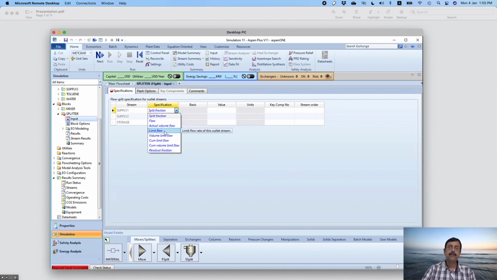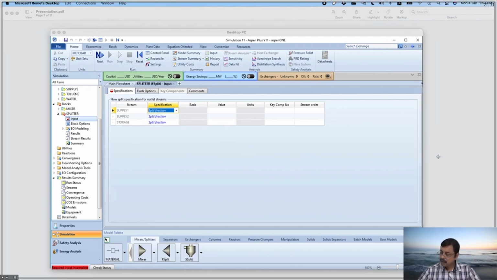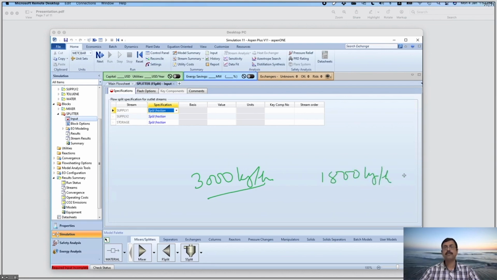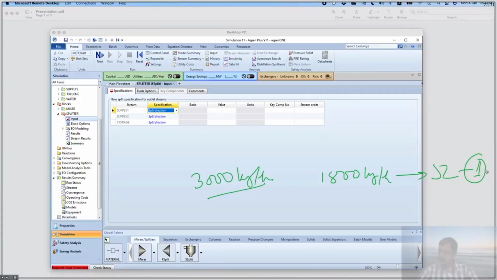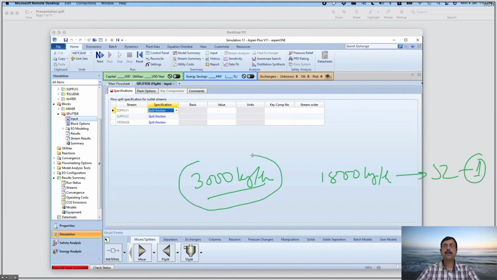What is limit flow? Suppose out of these 3000 kg per hour of feed into the splitter, you want 1800 kg per hour to go to supply line 2 with a preference number 1. That means there might be a situation in the process plant where the total flow rate may go below 3000 kg per hour.